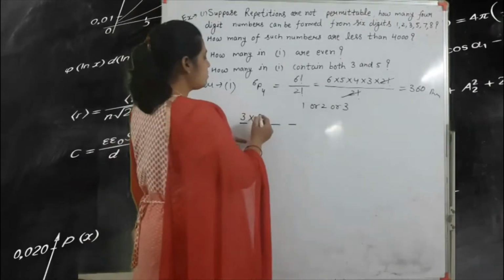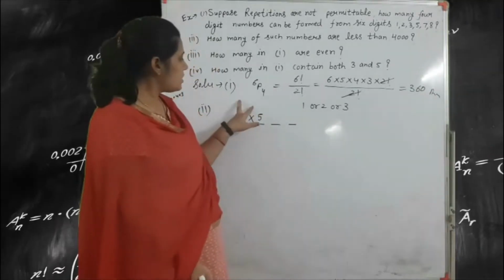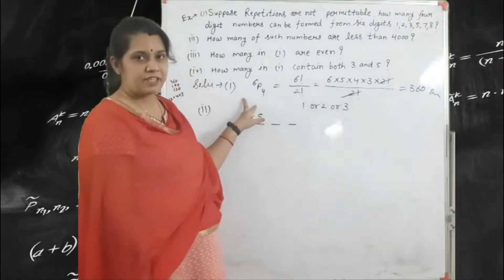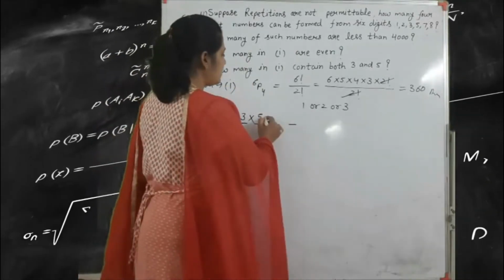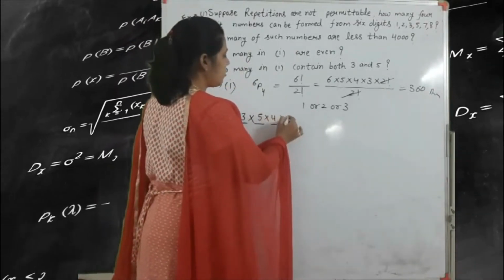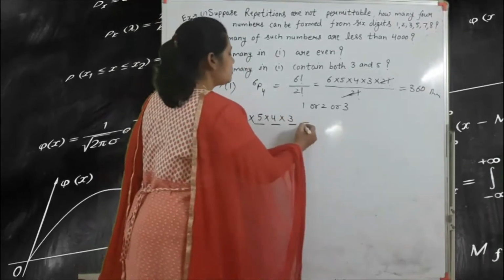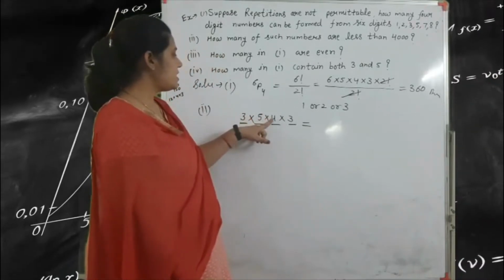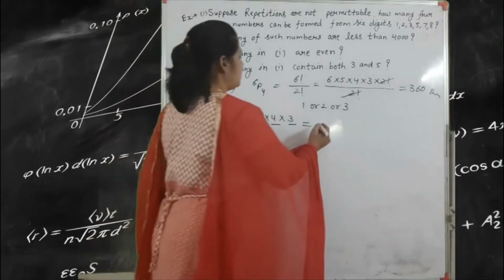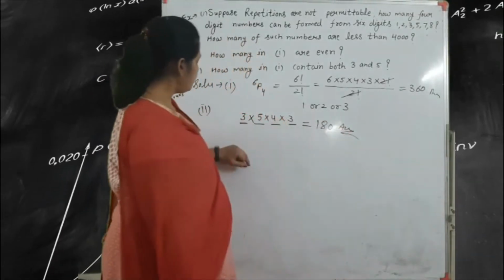So in the next place we write 5. Two places are fixed, so the remaining is 4, so in the next place we write 4, and in the last place we write 3. So the total is 3 times 5 is 15, 15 times 4 is 60, times 3 is 180. This is your second answer.